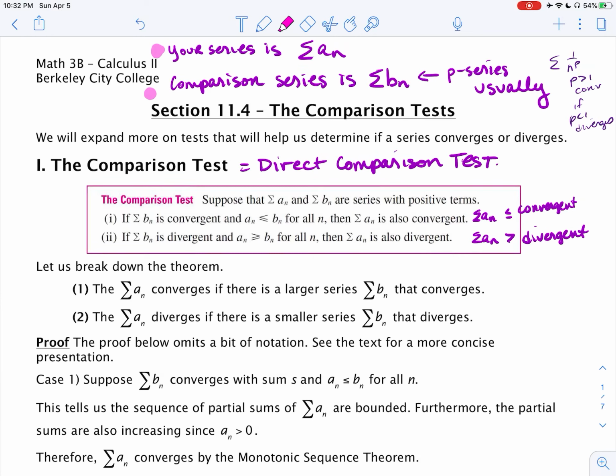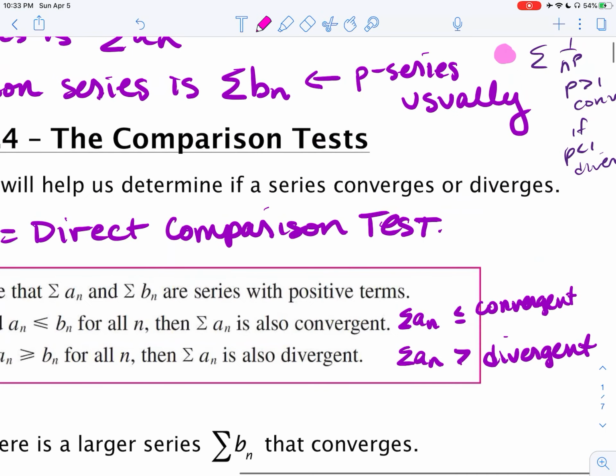That typically is going to be a P series. In general, for both of the definitions, what's a sub n? A sub n is the series that you need to determine is convergent or divergent, and your b sub n is what you're comparing it to, usually a P series. Remember, your P series takes the form of 1 over n to the P, with n going from 1 to infinity.